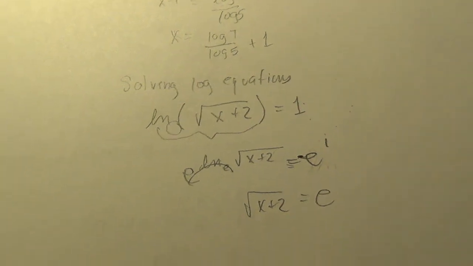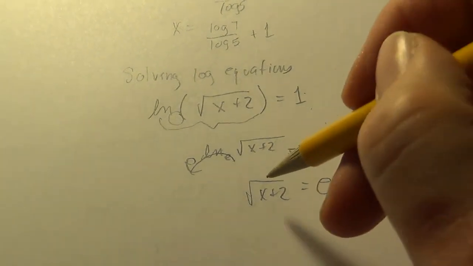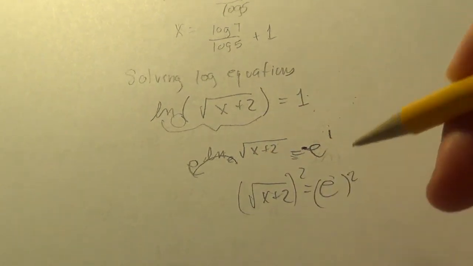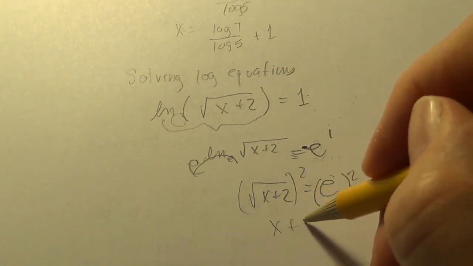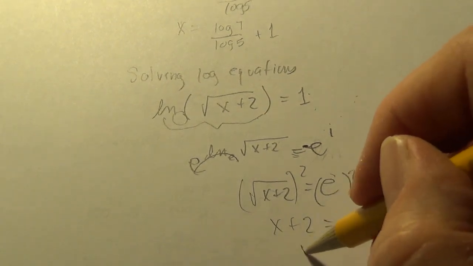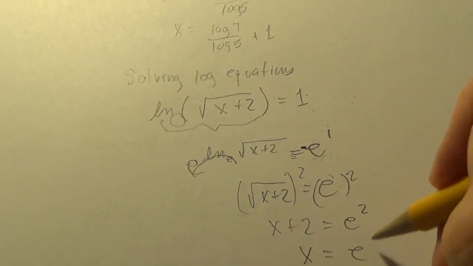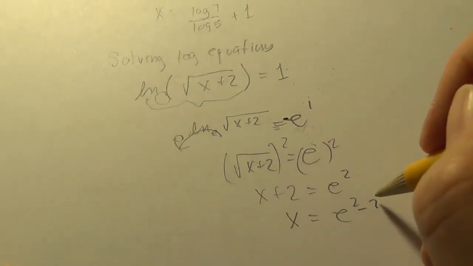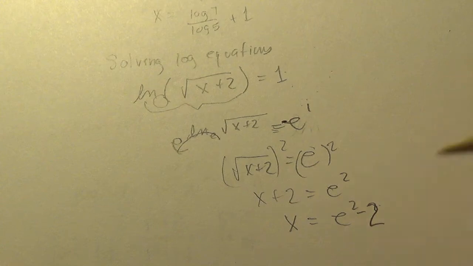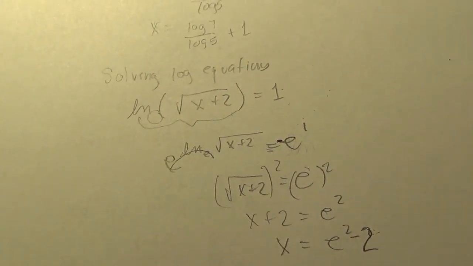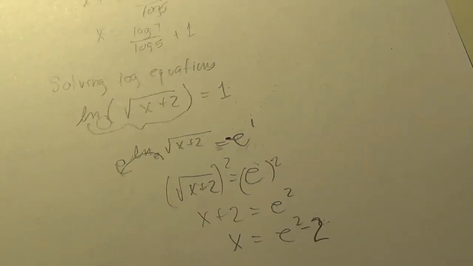Again, I'm trying to solve for x, and I square both sides, and I get x plus 2 equals e squared. Move the 2 over. x equals e squared minus 2. If you want a better picture of what that answer looks like, you can tap it into your calculator, but that's an exact answer, and I'm well pleased with it.